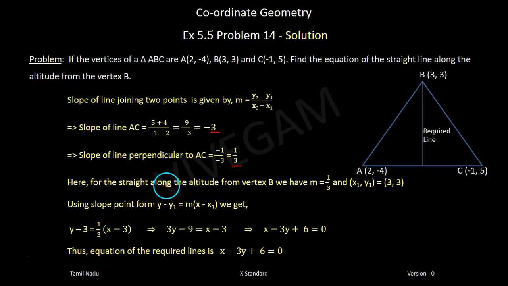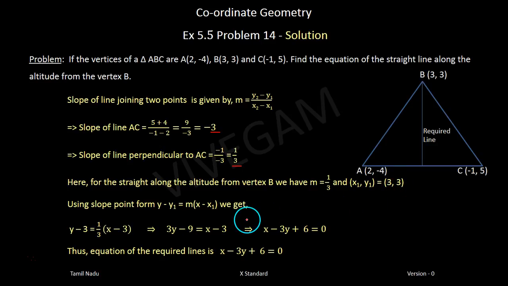Okay, next. Now we have the slope already and one point. So we have a straight line with slope 1 by 3 and one point which is (3, 3), that is x1, y1 is 3, 3.